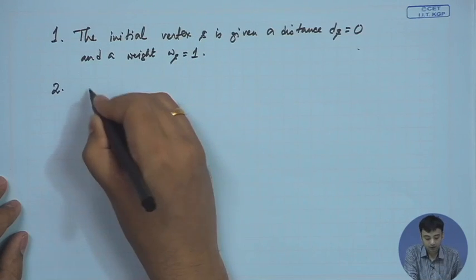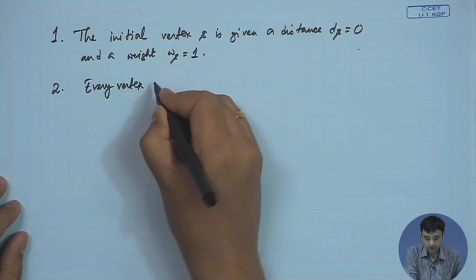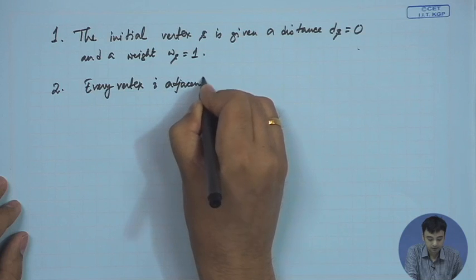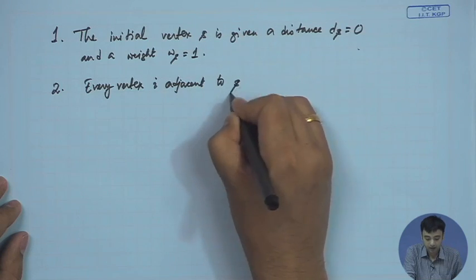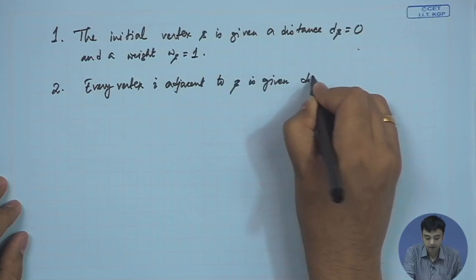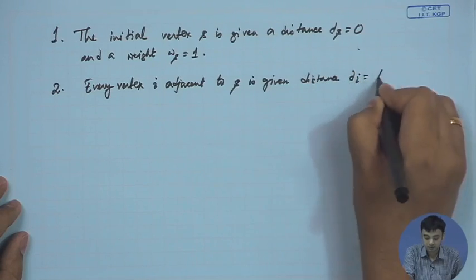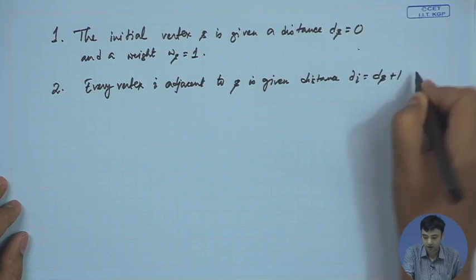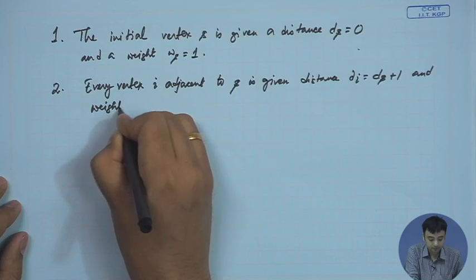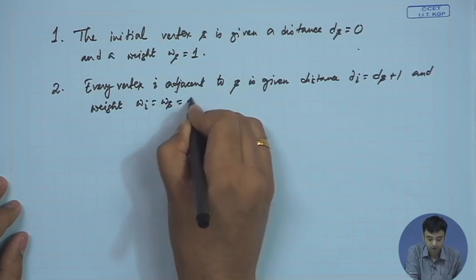Step 2: every vertex i adjacent to S is given distance di equal to ds plus 1 and weight Wi equal to Ws, which is equal to 1.